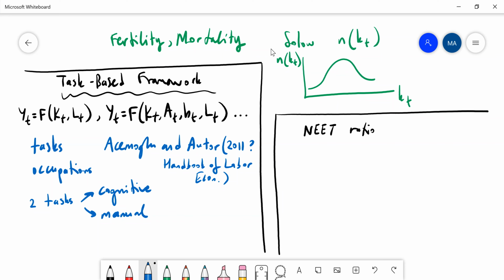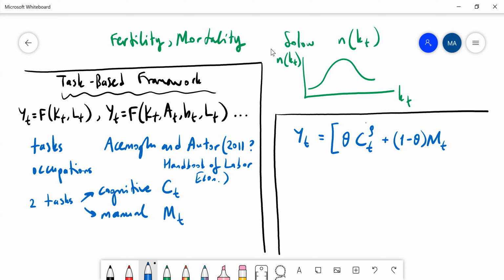Let's denote the cognitive task as CT and the manual task as MT. Then you may imagine a production function like this. The total production will be a function of the total cognitive service you need plus the total manual service you need.